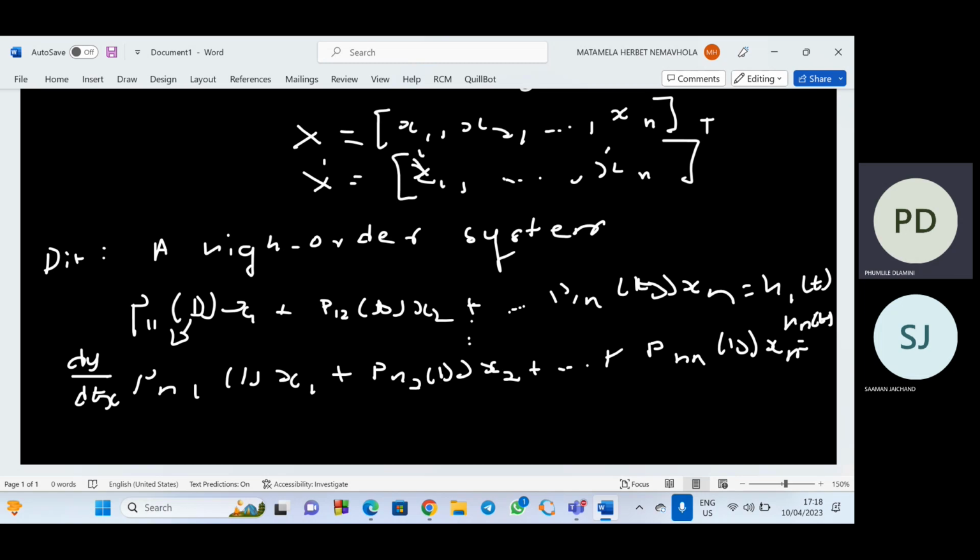So this is the higher order form of this differential equation.